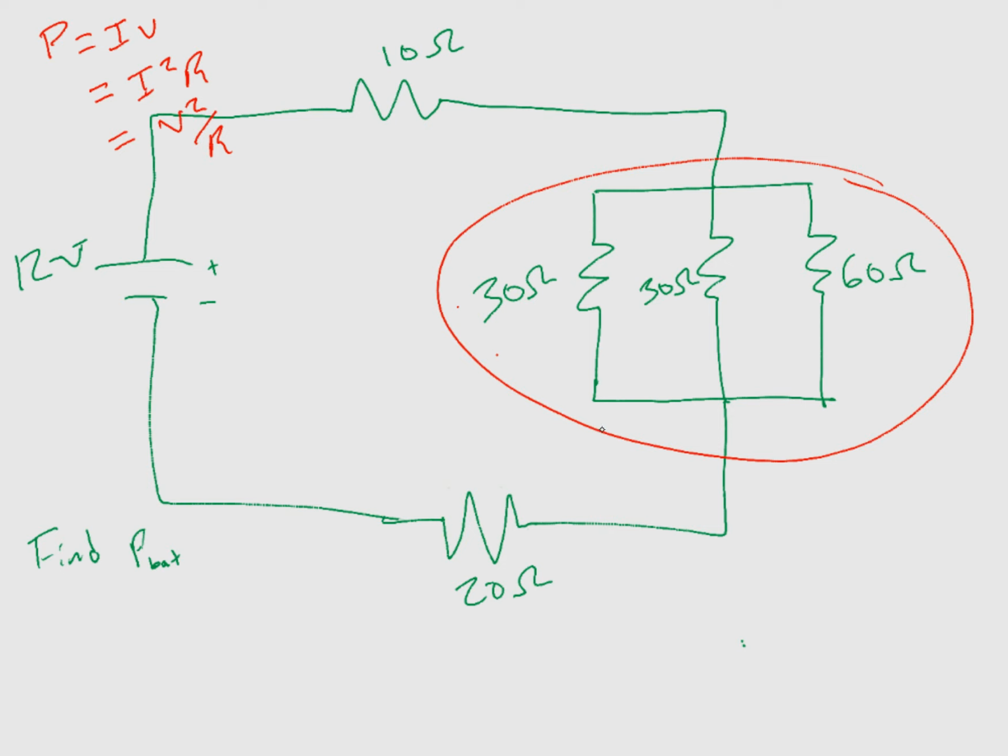You know that the equation for a parallel resistance is you have to add up the inverse of all of the resistances. So in this case we've got 1 over 30 plus 1 over 30 plus 1 over 60. Alright, so you work the problem, you solve it, you get 2 over 30 plus 1 over 60, which is the same thing as 4 over 60 plus 1 over 60.